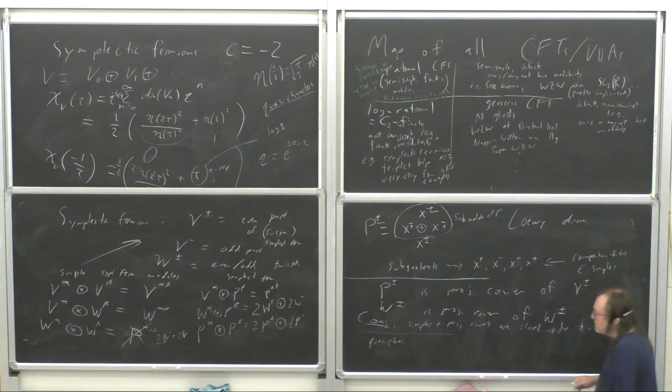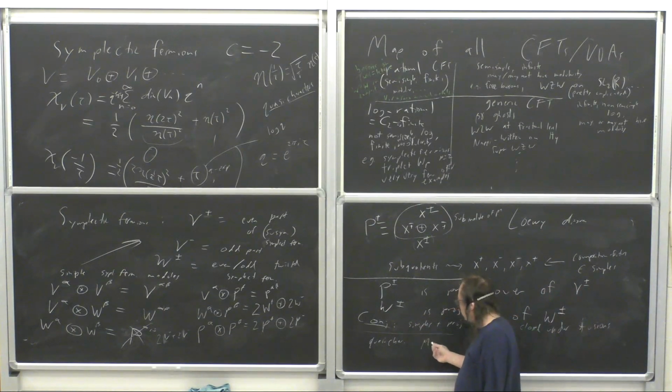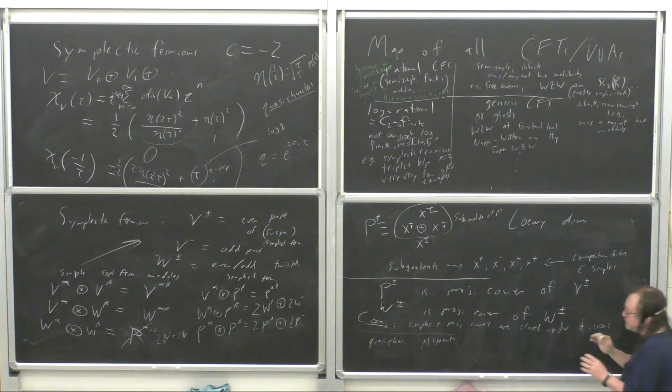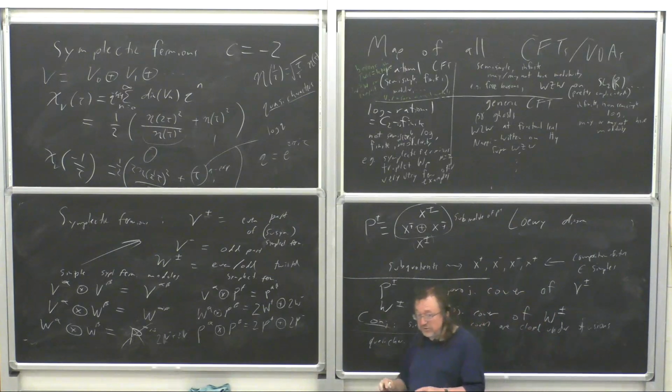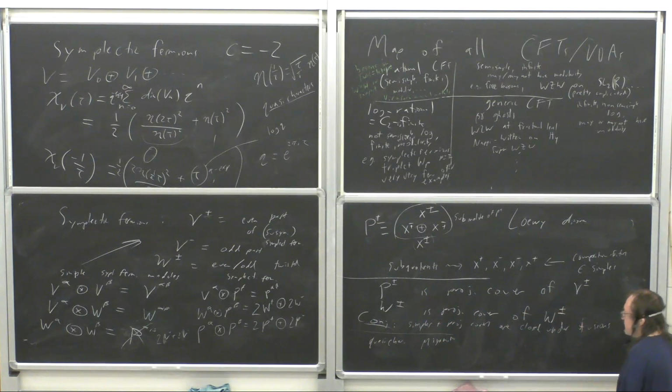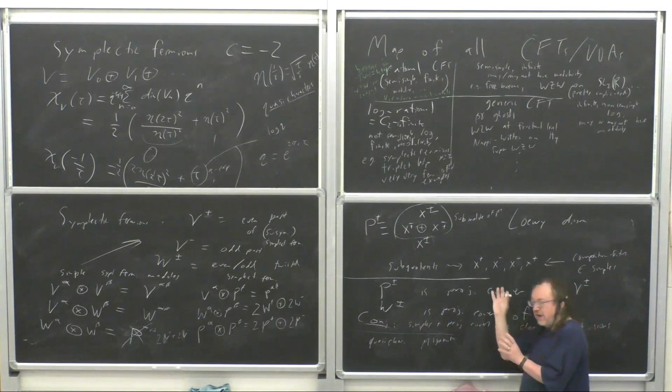And so to get at the quasi-characters, this is the work of Miyamoto. He used a trick from positive characteristic representation theory where you have semi-simple theories and you have to modify the characters that you'd get there to see the off-diagonal bits.